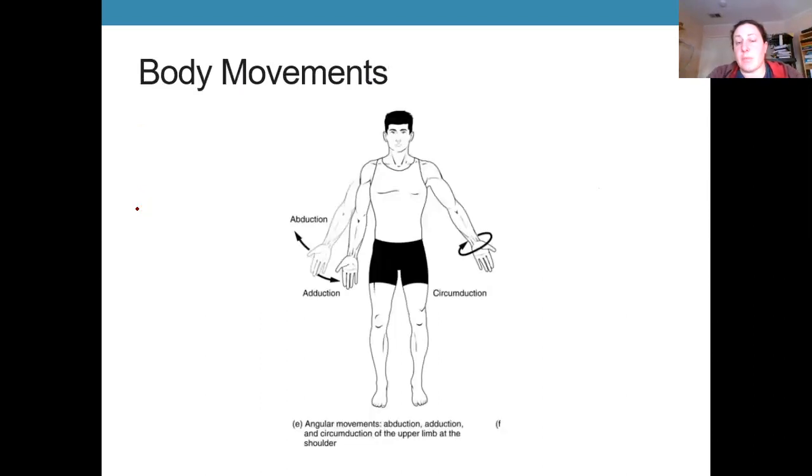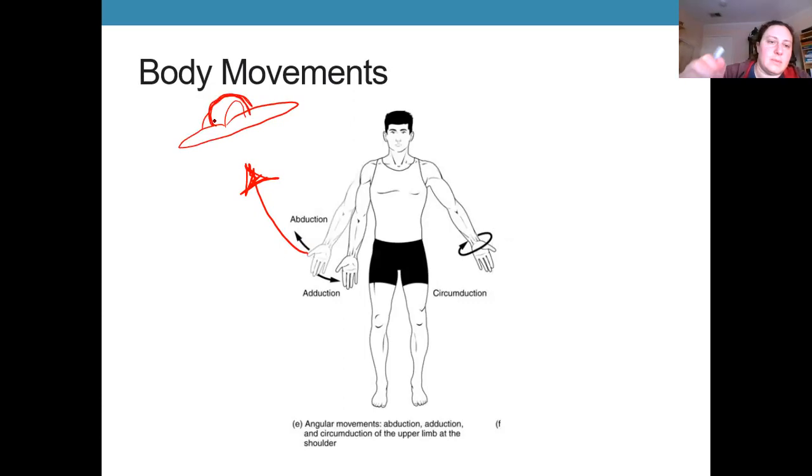It can be tricky to remember these. There's a couple ways to do it. You really only have to use one. If you can remember one, you can remember the other one's the opposite. Abduction is when you get abducted by aliens.